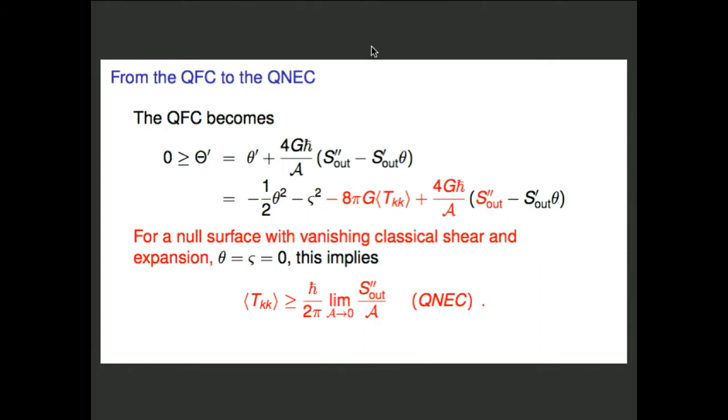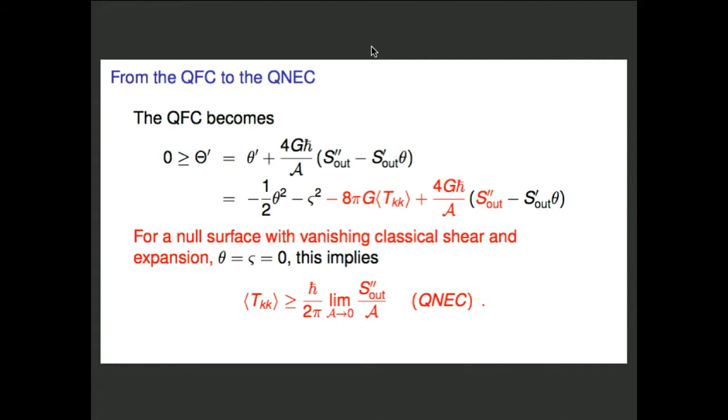So this is the quantum focusing conjecture: 0 is greater than or equal to the derivative of the quantum expansion. We can expand this out in terms of the classical expansion derivative plus some combination of second and first derivatives of the exterior entropy. Then we use Raychaudhuri's equation for the classical expansion derivative, which gives you terms that we've arranged to be 0 by our choice of surface.